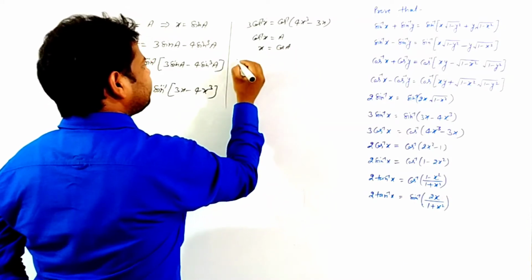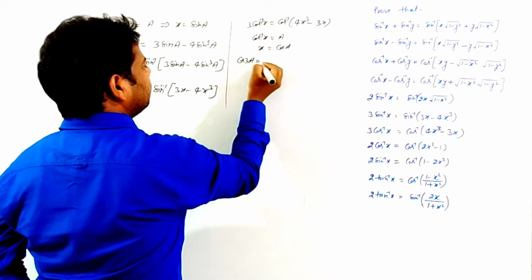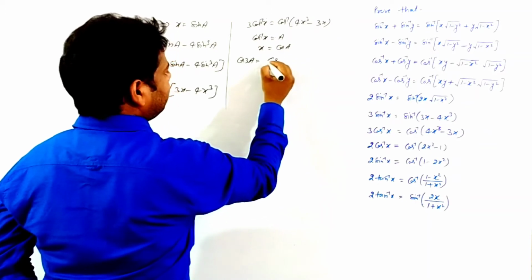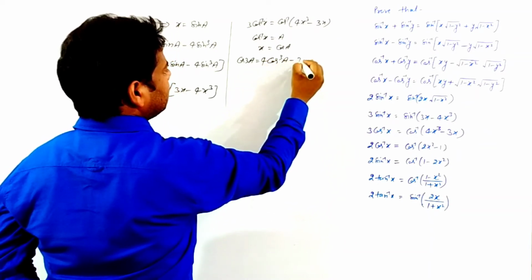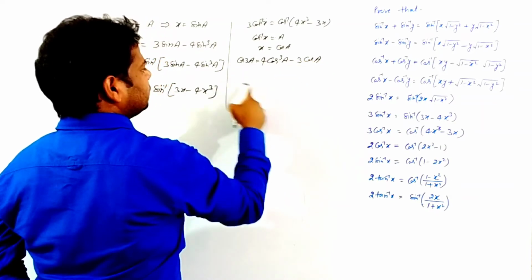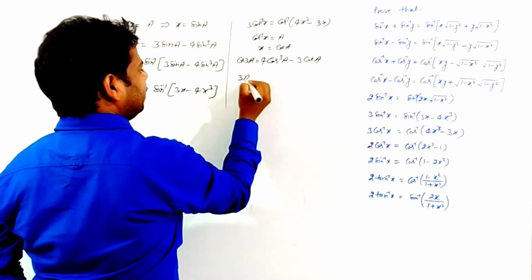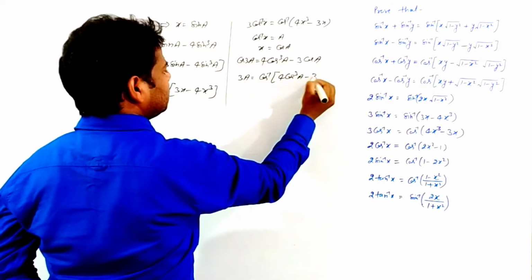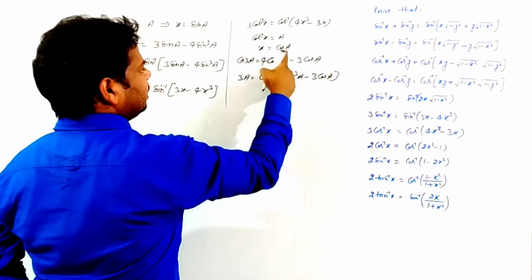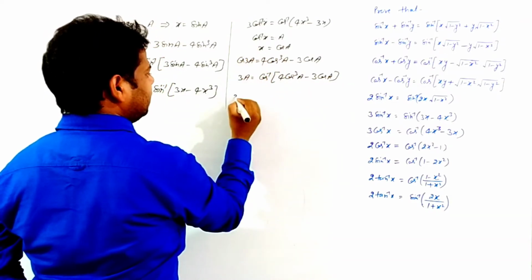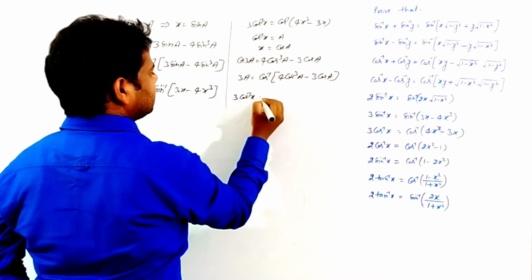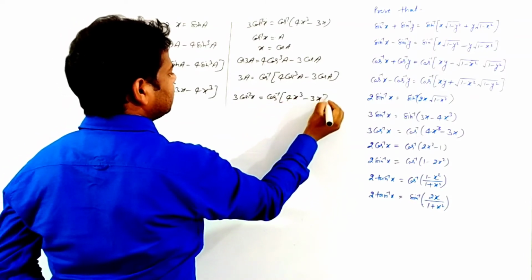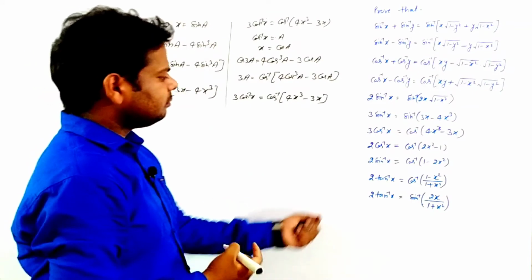We have a formula cos 3a is equal to 4 cos cube a minus 3 cos a, and cos goes to the RHS, then we can write 3a is equal to cos inverse (4 cos cube a minus 3 cos a), and cos a is equal to x and a is equal to cos inverse x, then we can write 3 cos inverse x is equal to cos inverse (4x cube minus 3x). So this formula will be verified.